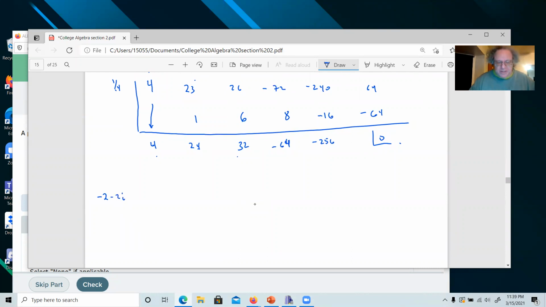Negative 2 minus 2i. Okay, honestly, this reminds me of my pre-calc teacher because he would love to give us problems where you'd end up doing a whole bunch of these things. They were all really awful.